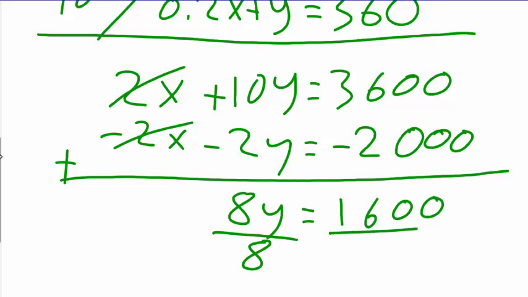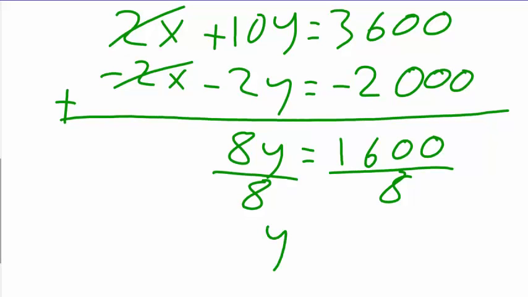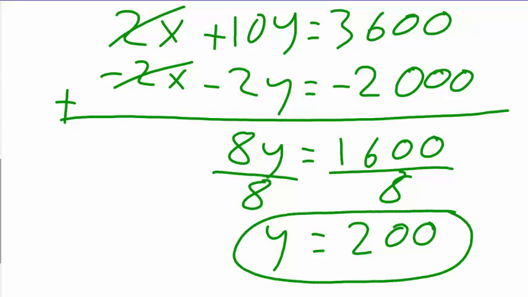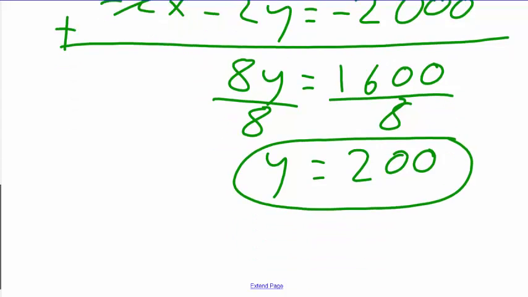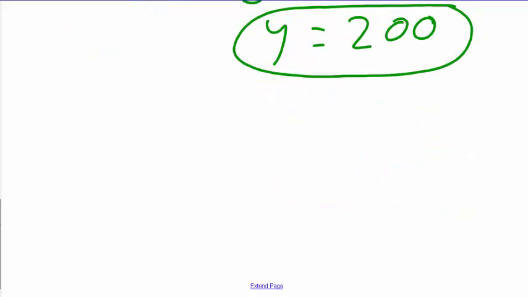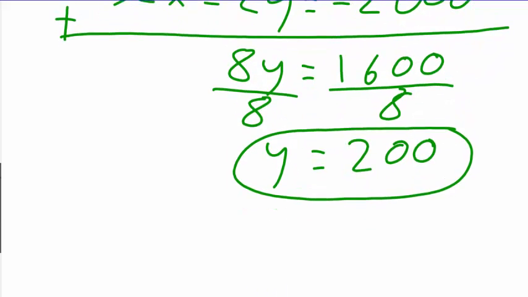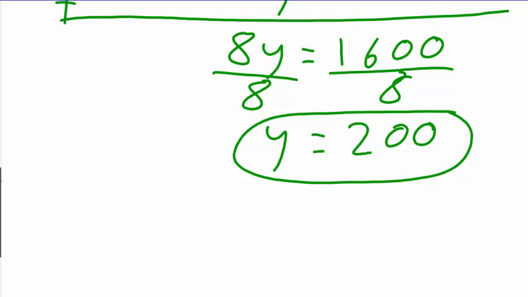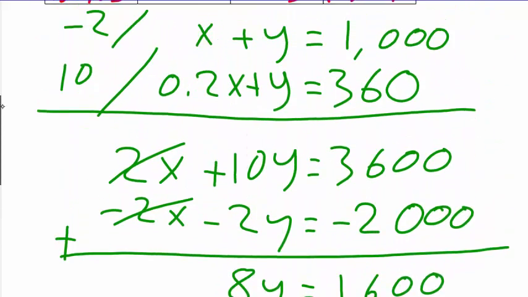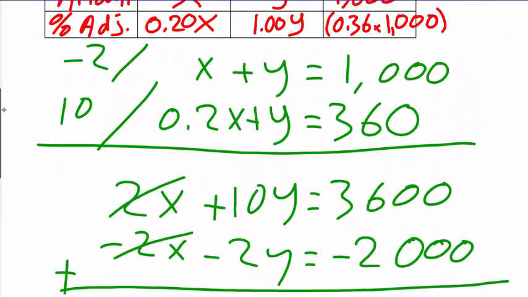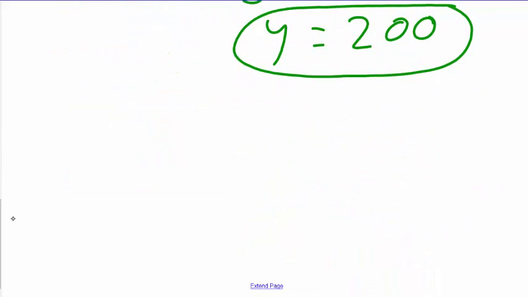And I'm going to leave y alone. Divide by 8, divide by 8. And y would be 200. Are you still watching? We are almost done. Once you have the y, you can figure out the x, and the easiest one, x plus y equals 1000.